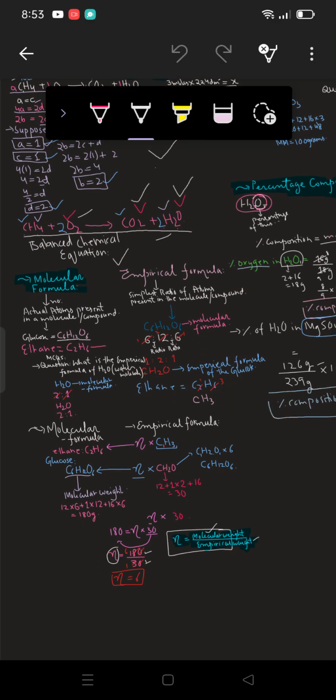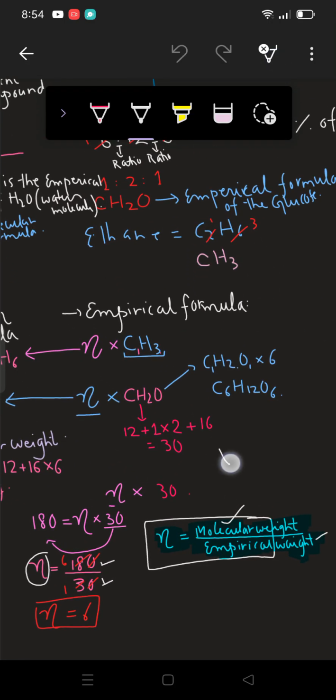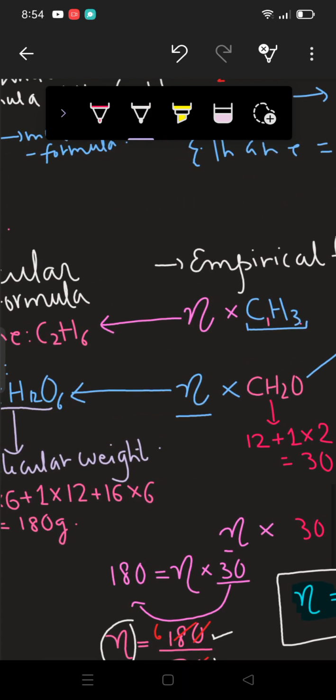Okay, so as in the last video, we have done a numerical which was based on the molecular formula and empirical formula. Basically, we were given the empirical formula and the molecular weight as well. We were supposed to find the molecular formula, right? For finding the molecular formula, we need to multiply the empirical formula with a particular number.